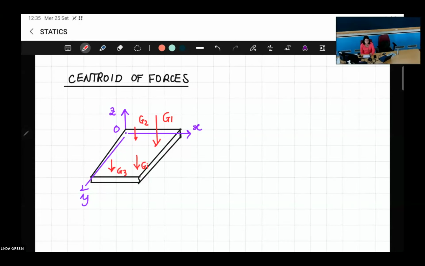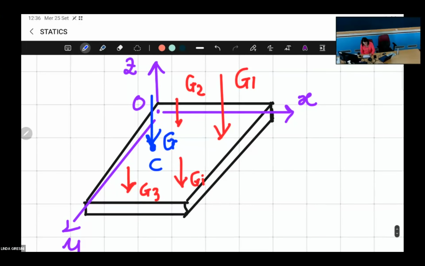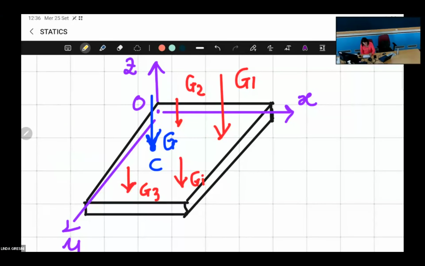So we have a number of 5, 6 forces or so. So we can find a point which is called the centroid of forces, in which we can apply the resultant force G, the force resultant of all the forces, which has the coordinates.